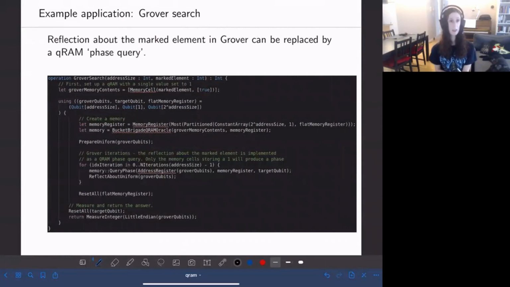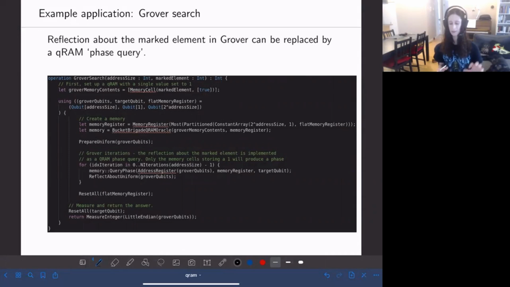And so in addition to doing the development, we're actually trying out some applications as we go along. So I mentioned earlier that in Grover's algorithm you have this reflection about the marked elements in the set, and that operation can be considered as a qROM query, or qRAM query, sorry.